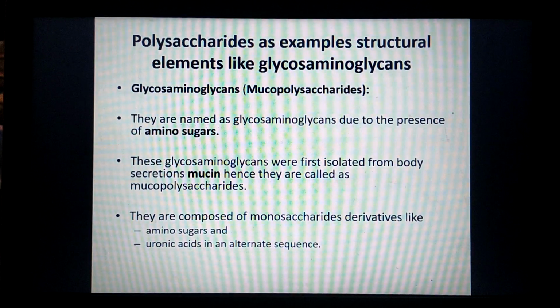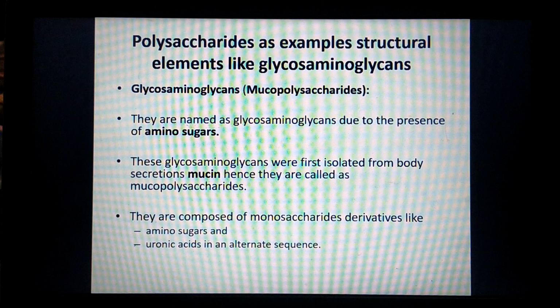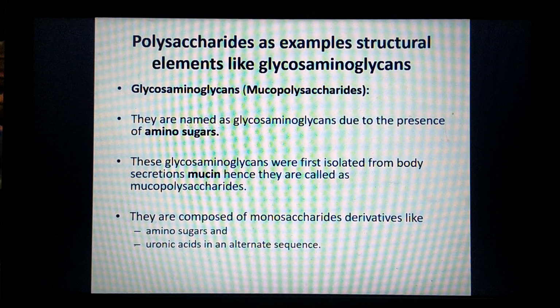Now coming to the glycosaminoglycans, they are also called mucopolysaccharides. The name glycosaminoglycans is due to the presence of amino sugars, and the name mucopolysaccharide is given because for the first time these glycosaminoglycans were isolated from body secretions, that is mucin, and hence the name mucopolysaccharides.